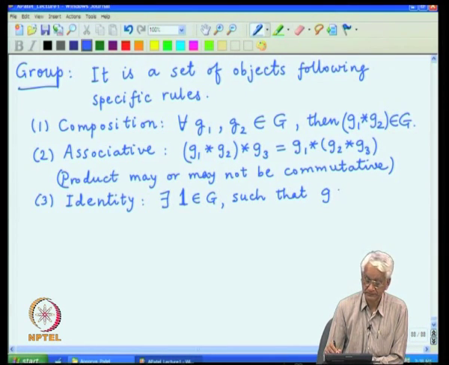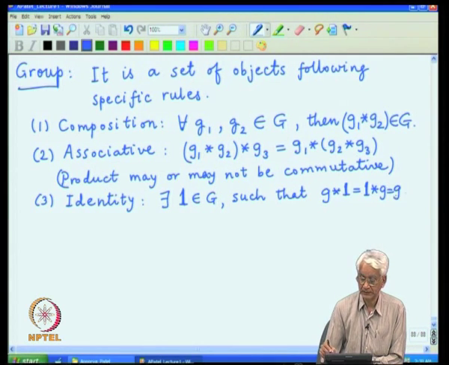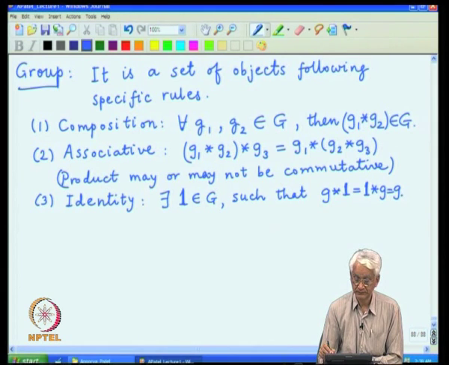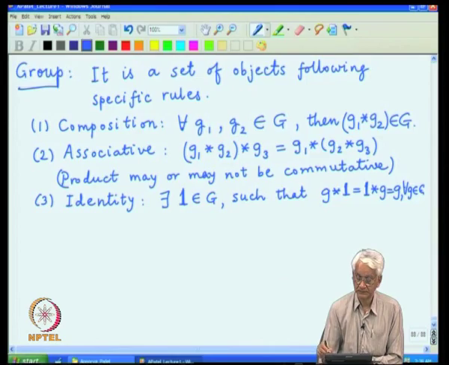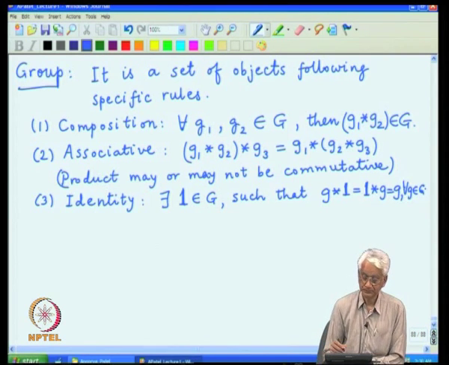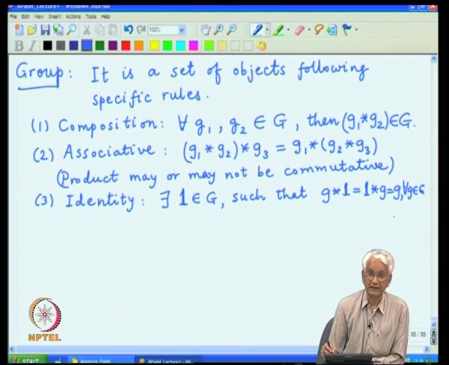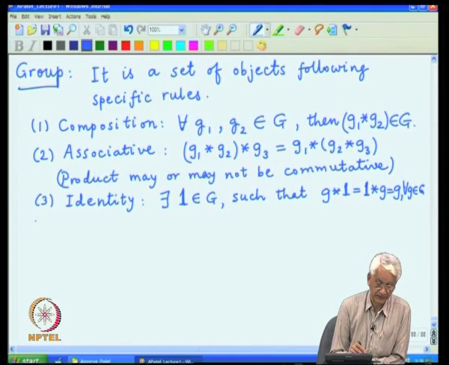So, for every element in G, it is a kind of invariance statement that identity provides.